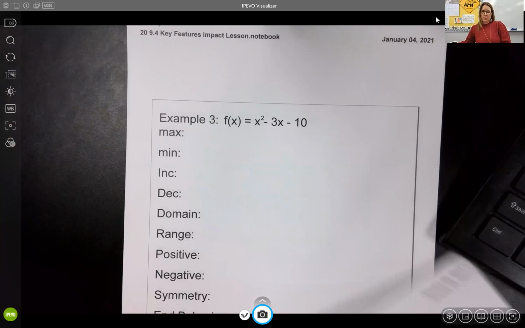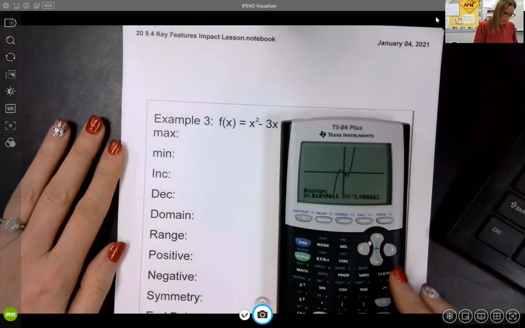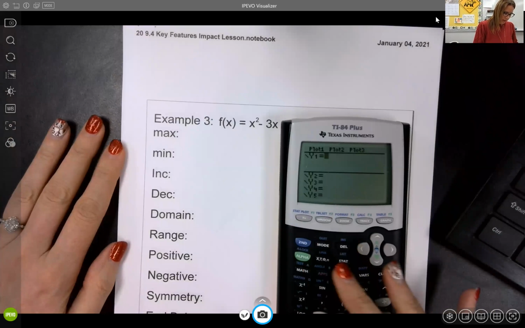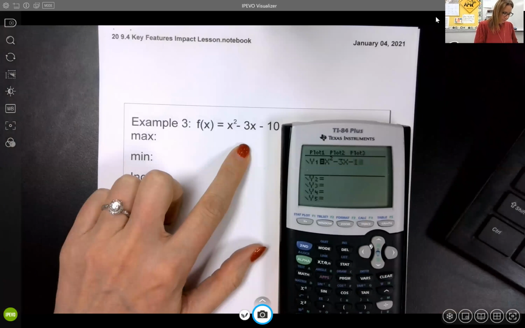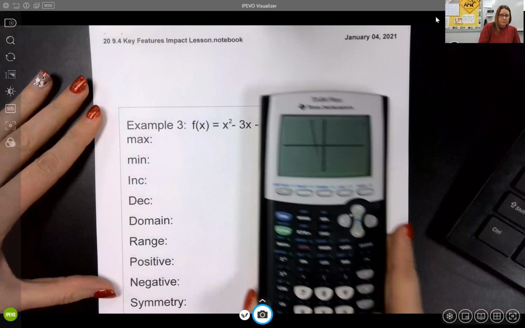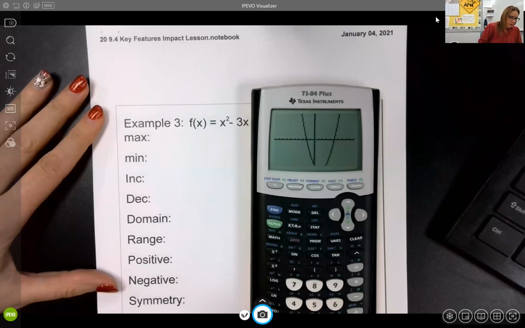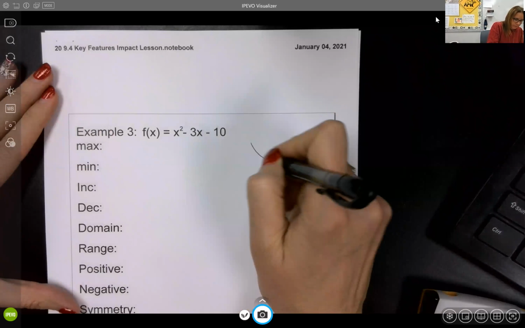All right, we're going to do 2 more examples, and then we're done. Okay, so the first one, x squared minus 3x minus 10. Okay, so my sketch is going to look like this.